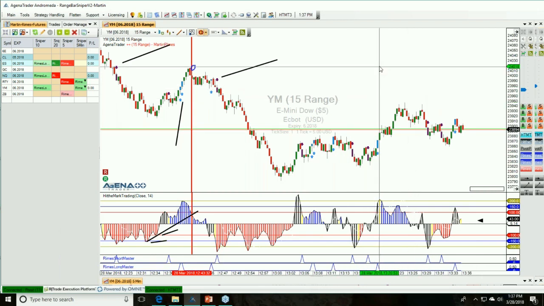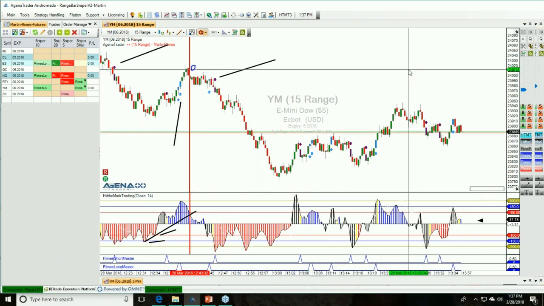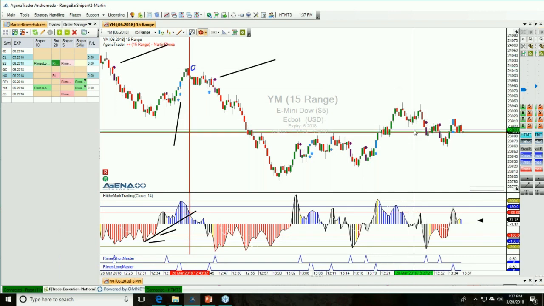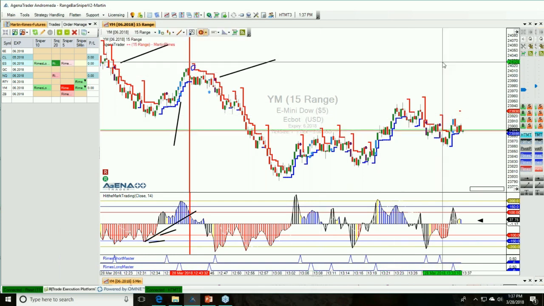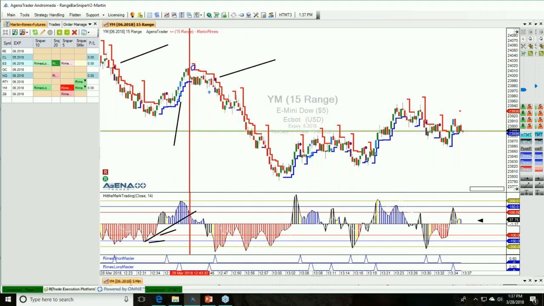I generally look for 15 and 30 ticks, for example, on the NQ, 15 and 30. But with this trailing stop, I don't have to worry about when I want to take this off because it's following the market. It's following the market, and that, for me, is a relief.